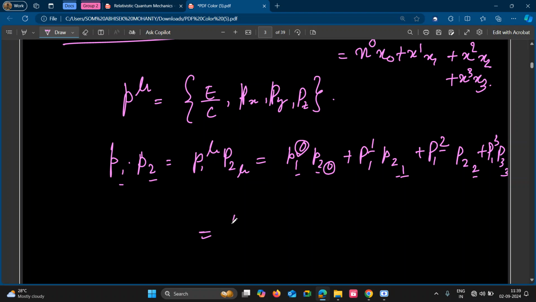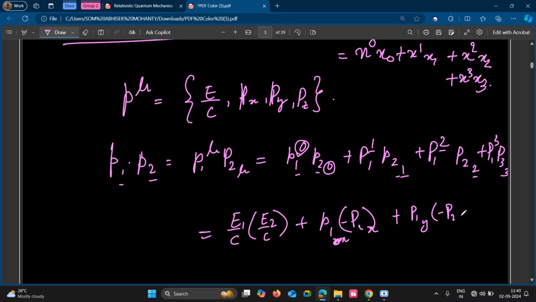We know this is E by c and E by c, no change there: E1 E2 over c squared. Then this one I can write as p1x, and this one will become minus p2x, the x component, and again p1y minus p2y, and p1z minus p2z.